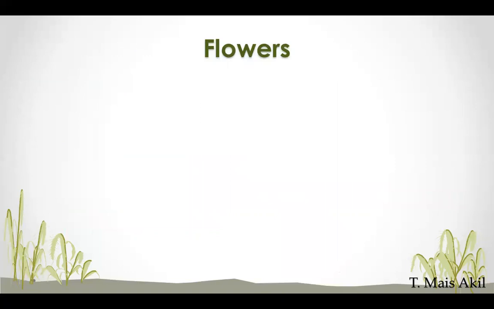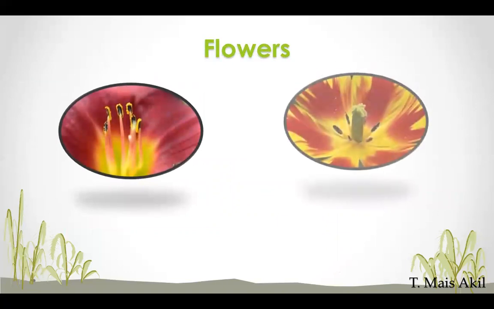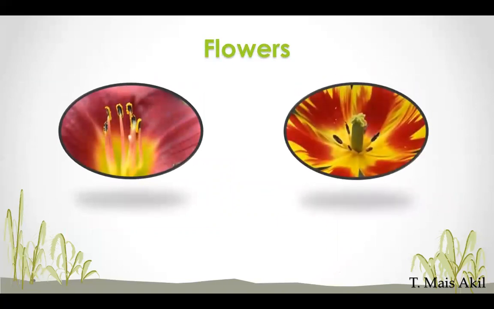So we have two kinds of flowers. We have the male flowers and the female flowers. The male flowers make the pollen, and the female flower makes the eggs. Here is the pollen, and here is the egg.